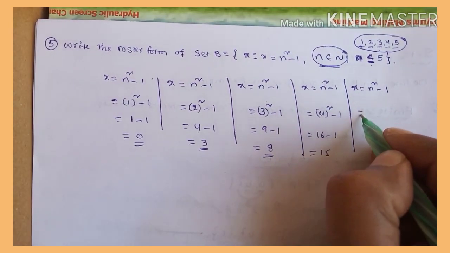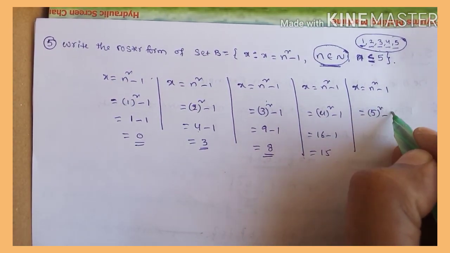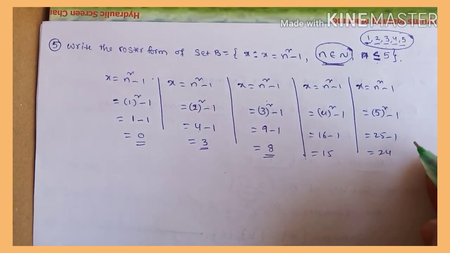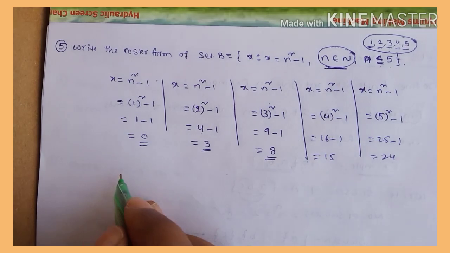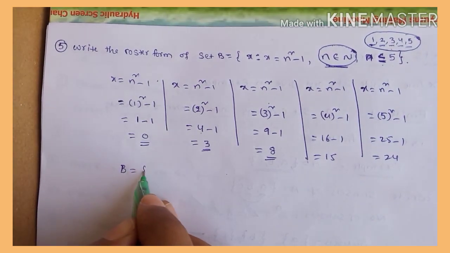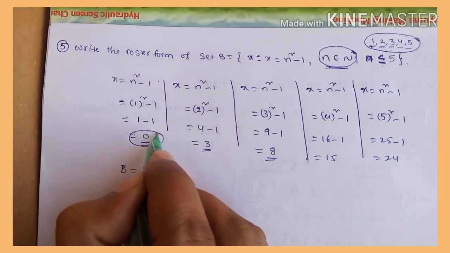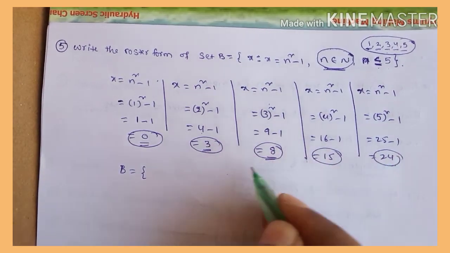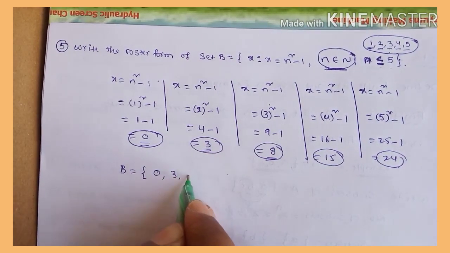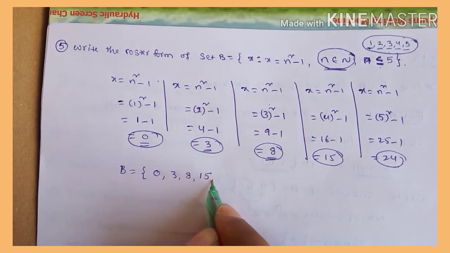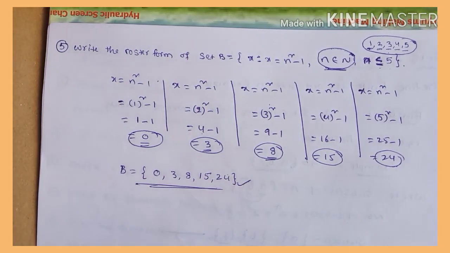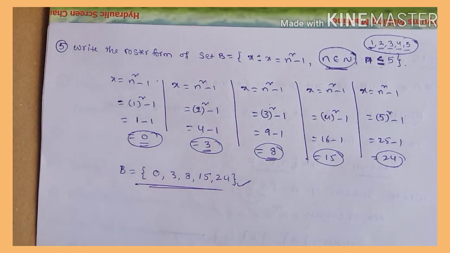Now the last one, 5 square minus 1. 5 square is 25, minus 1, so the result is equal to 24. Therefore set B is equal to {0, 3, 8, 15, 24}. These are the elements for the given set builder form.